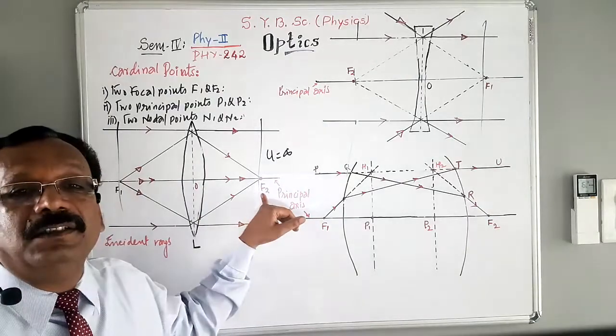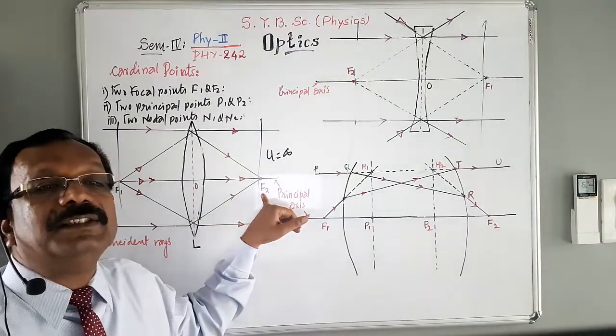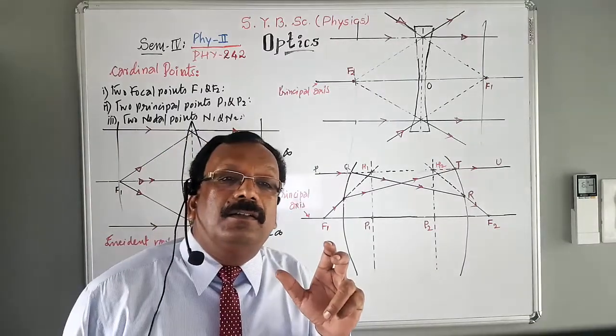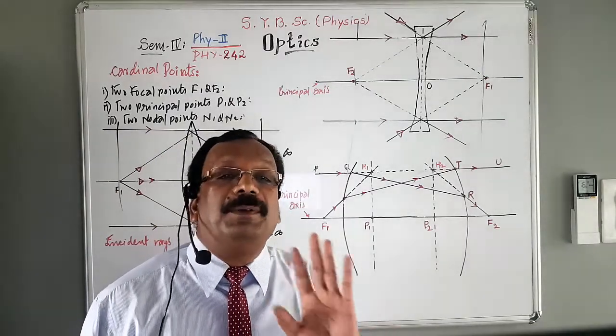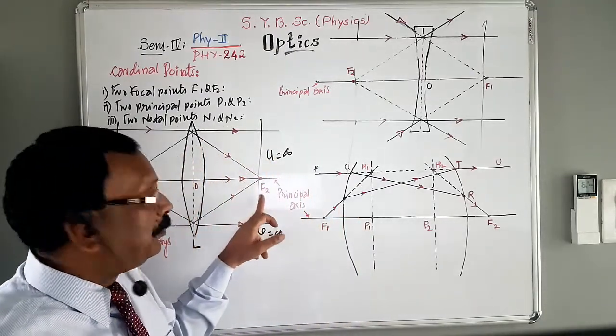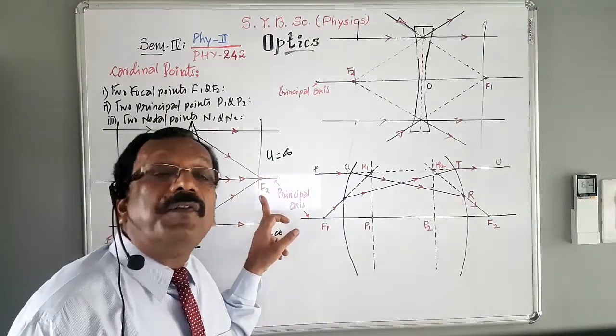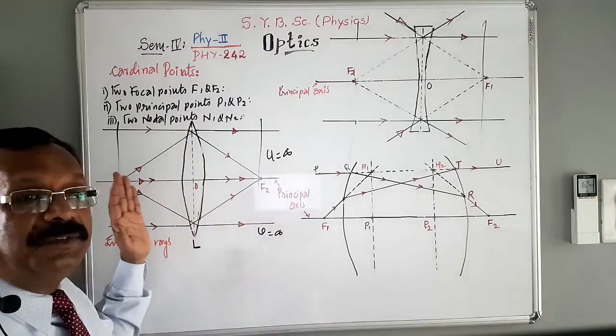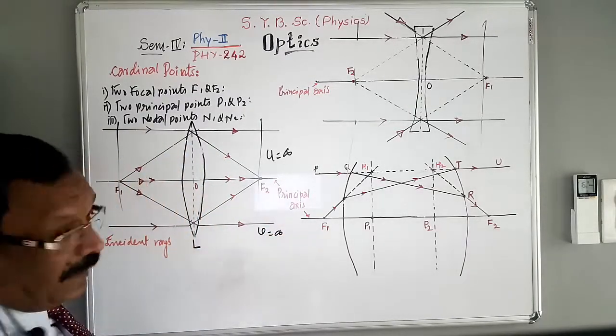So this point F2 is called the second principal focus or second principal point. This is the position of the image corresponding to an axial point object situated at infinity.